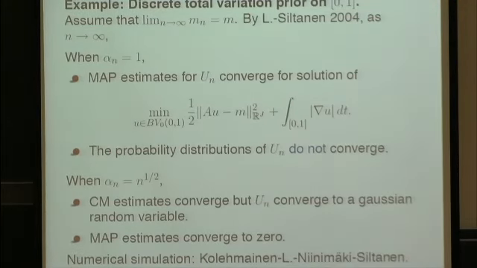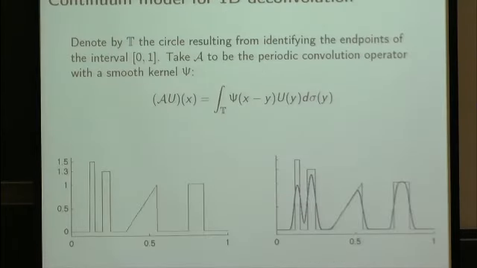Let me show this. We have recent numerical simulations with Kolehmainen, Niemi, Nymäki, and Siltanen. Let me show what we did. We have this type of one-dimensional problem, and then we compute a convolution of it, like here.